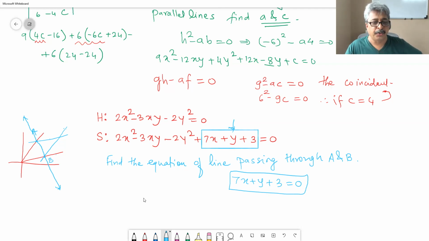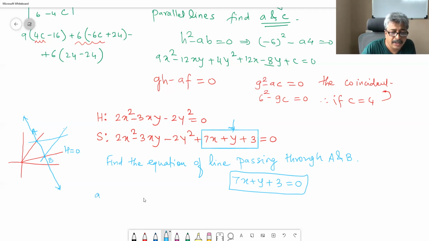Why will it be true? Simple. This is H is equal to 0, POL passing through origin, and suppose any other line is intersecting.